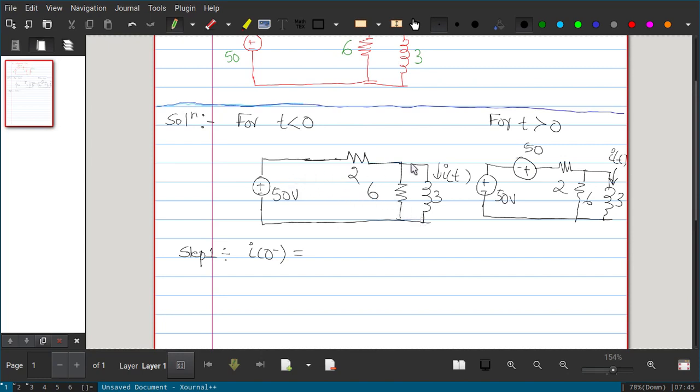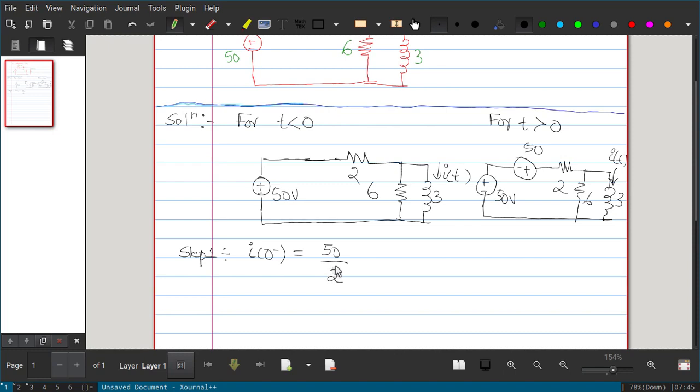So what is the current flowing through this inductor then? You have the 50 volt source, the 2 ohm resistor, and the short-circuited inductor, that is 3 Henry. This 6 ohm will not come into the picture. So i(0 minus) will be the total voltage, that is 50, divided by the total resistance. Only the 2 ohm resistor will appear. 6 ohm will not come into the picture because of the short-circuited inductor.